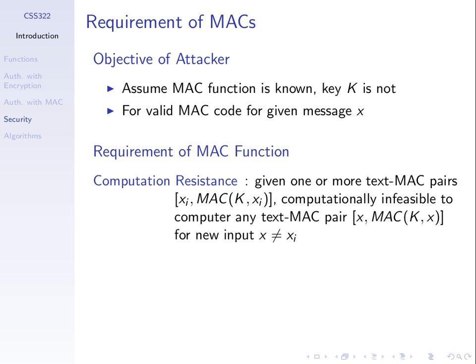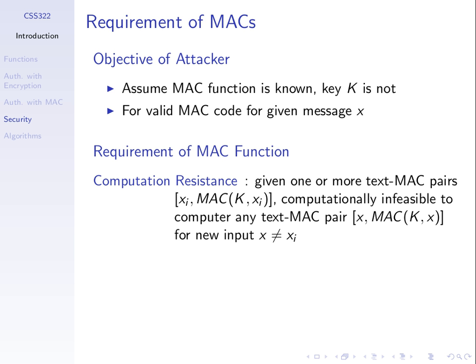If the attacker knows some message M1 and some tag T1, where T1 was calculated from the MAC using some key of M1, so if this pair of message or text and tag is known by the attacker, it should be hard for the attacker to take some other message, M2, and find T2.